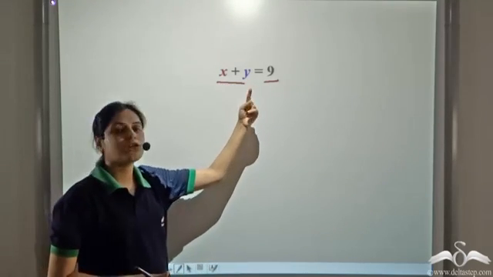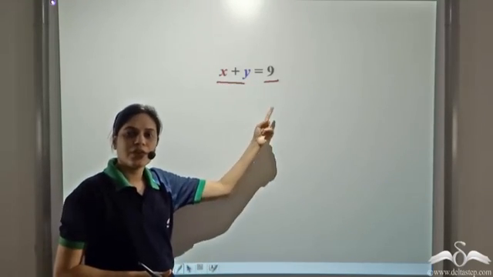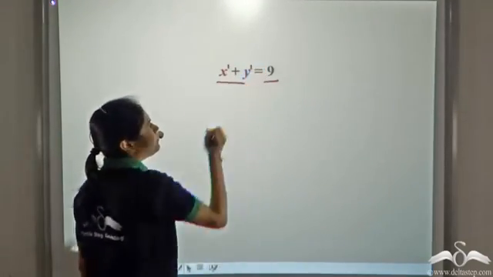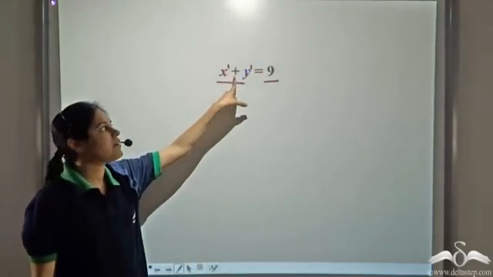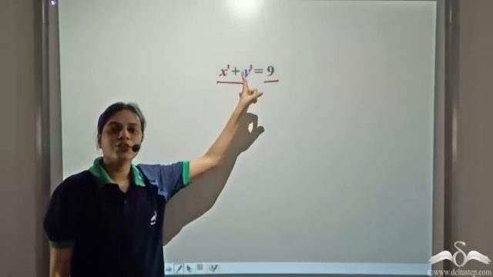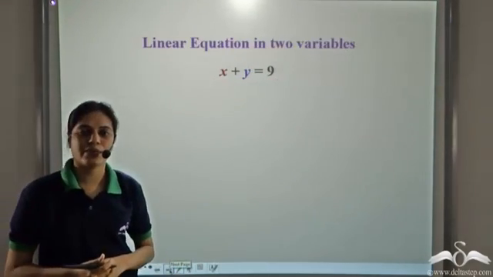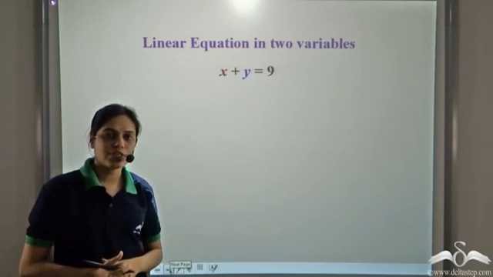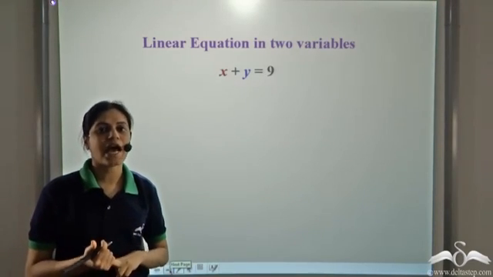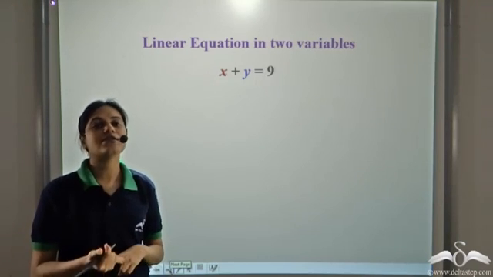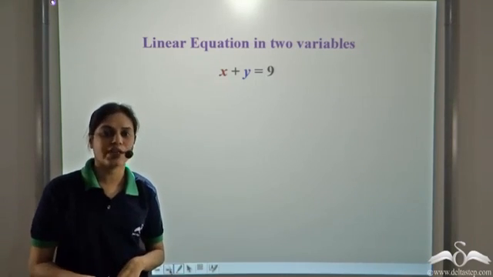So it is an equation in two variables. Now the power of both the variables is 1. It is x to the power 1, y to the power 1. So this is a linear equation in two variables. So an equation which has two variables and in which the power of both the variables is 1 is a linear equation in two variables.